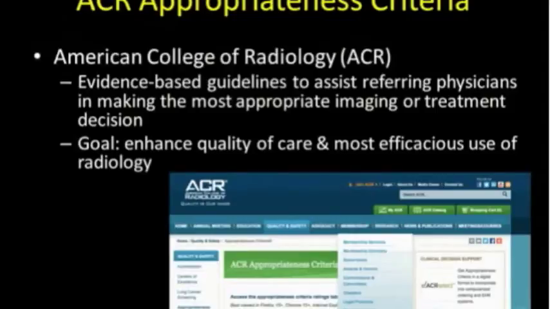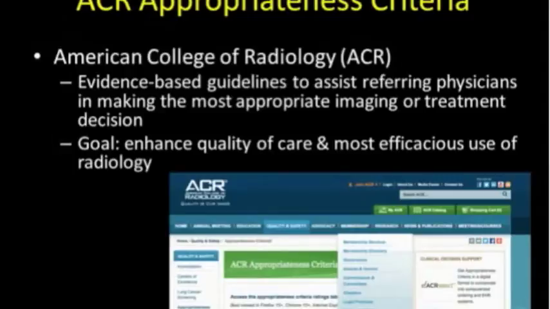The American College of Radiology, and Dr. Sarantan described this yesterday, has developed appropriateness criteria, and these are evidence-based guidelines to assist referring physicians. It will help you determine the most appropriate imaging and treatment decisions in patients. And they have put scores for different types of imaging, okay?